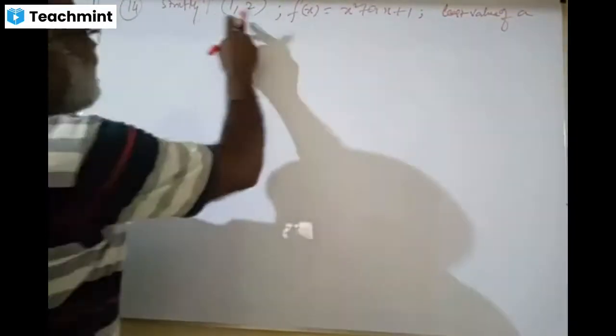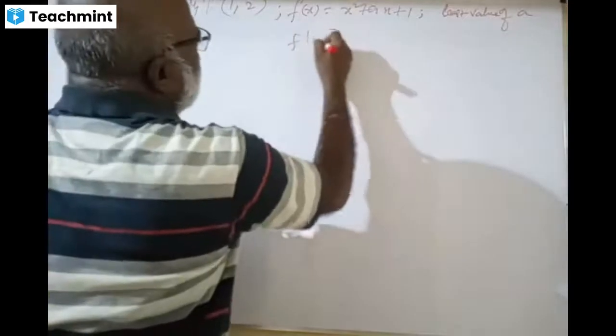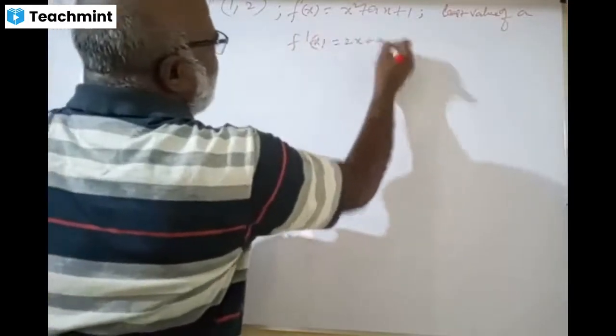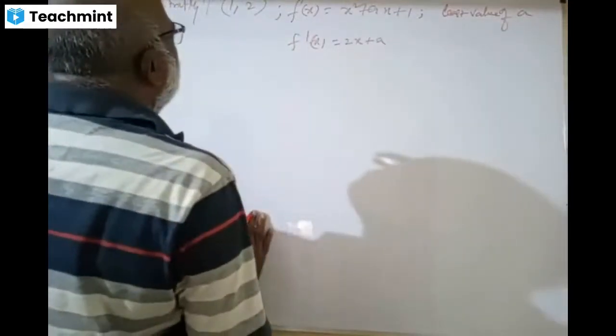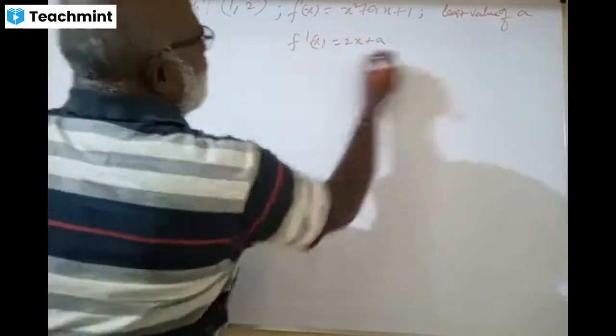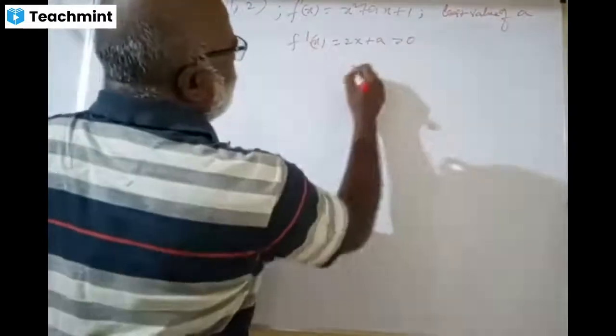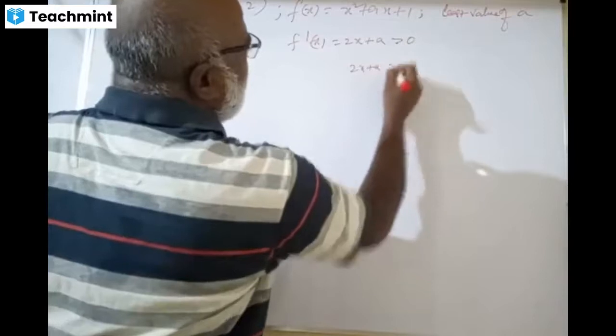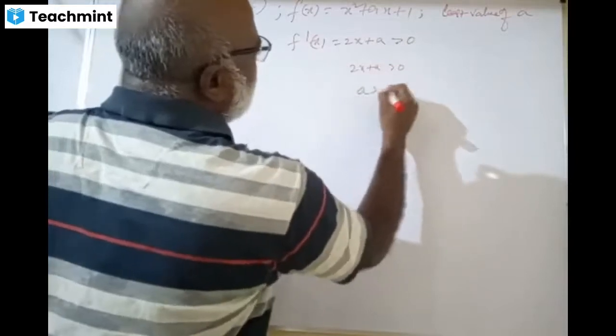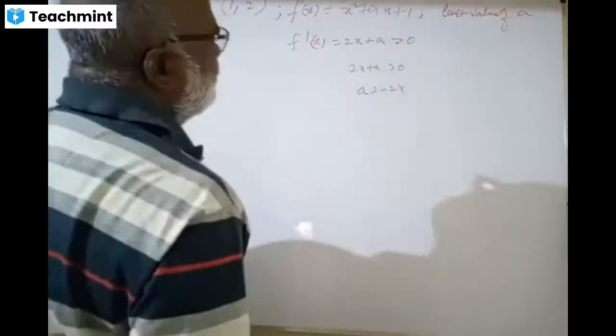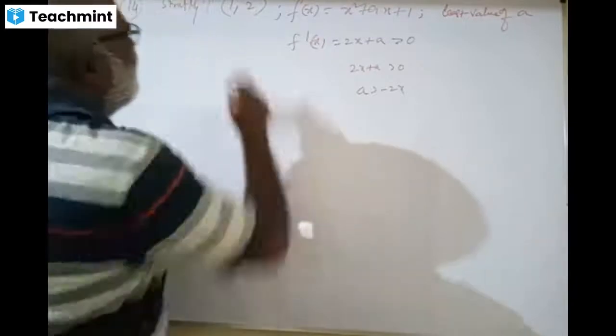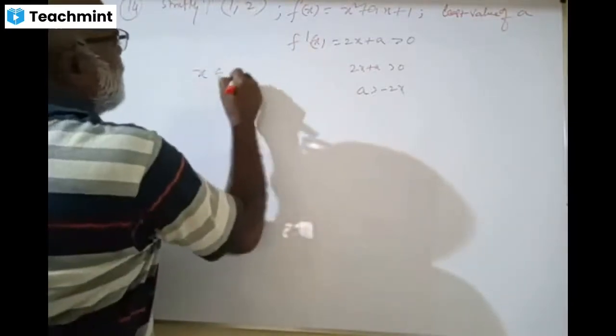Anyway, if it is strictly increasing means what? My f dash x should be 2x plus a, right? For us, strictly increasing means it should be more than 0, right? So 2x plus a is more than 0. A is more than minus 2x, right? And the interval is given as x belongs to 1, 2.